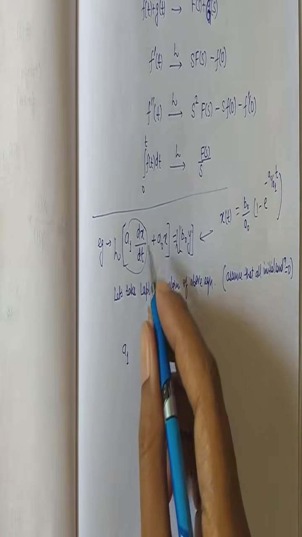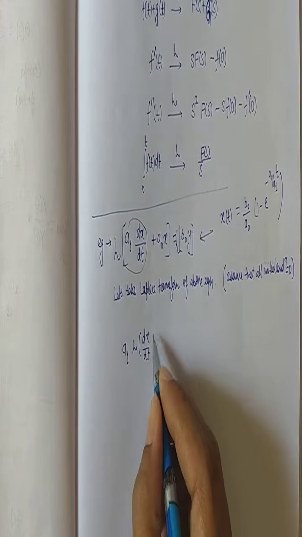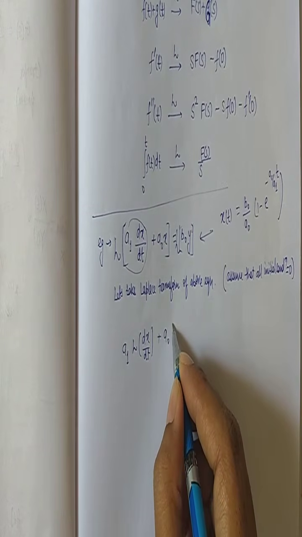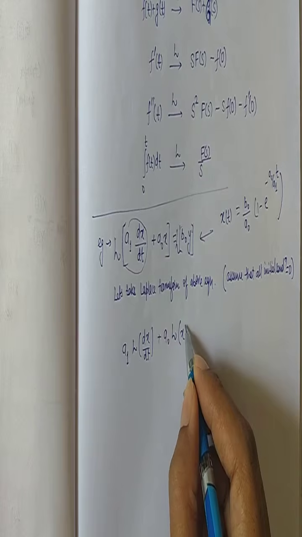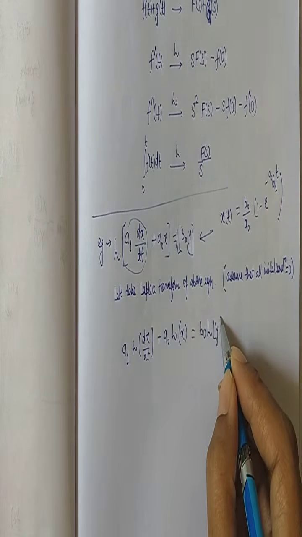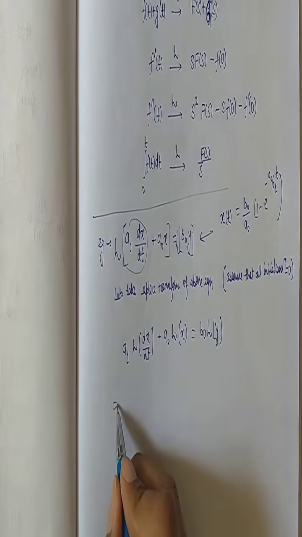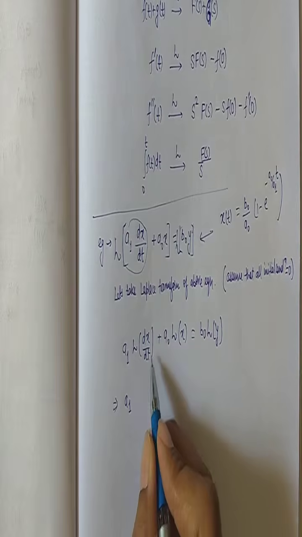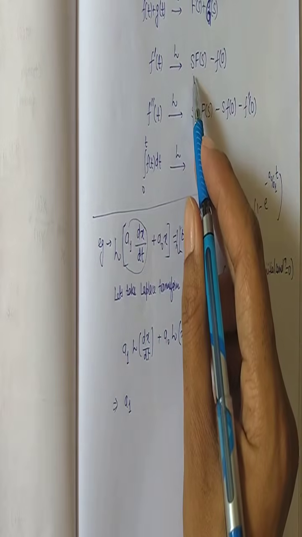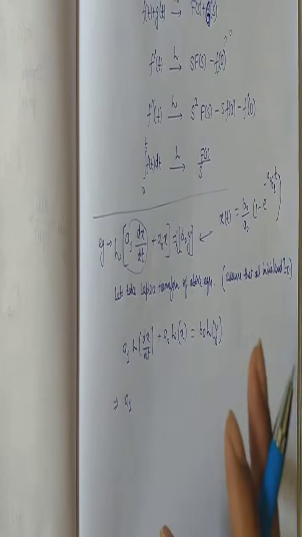So Laplace of a1 dx by dt plus a0 Laplace of x equals b0 Laplace of y. All these are in time domain, but now if I do the transformation, I get a1 times the Laplace transform of dx by dt, which is s F(s) minus f(0). This goes away since the initial condition is 0.